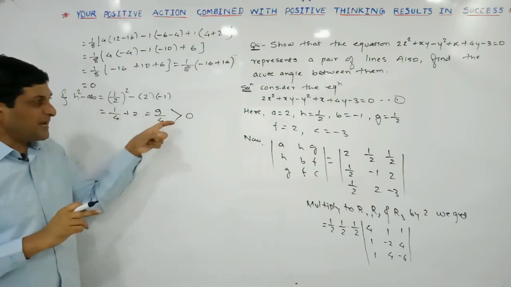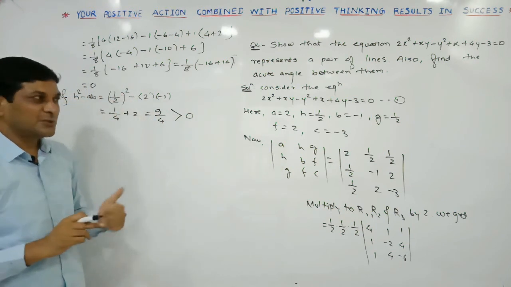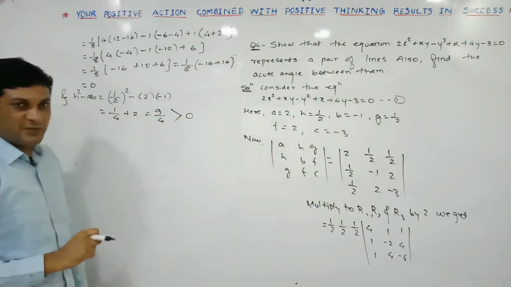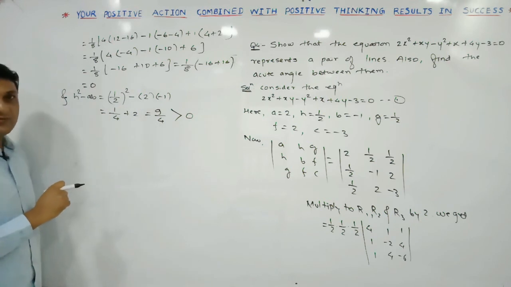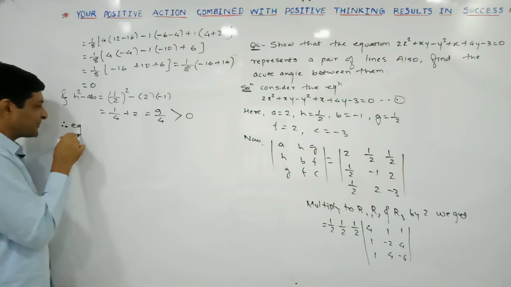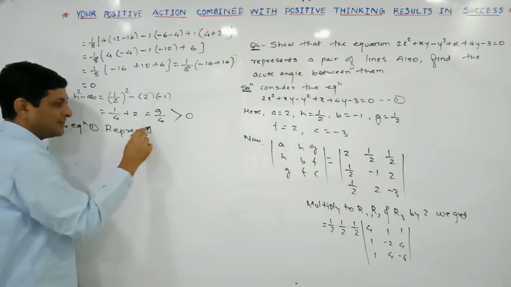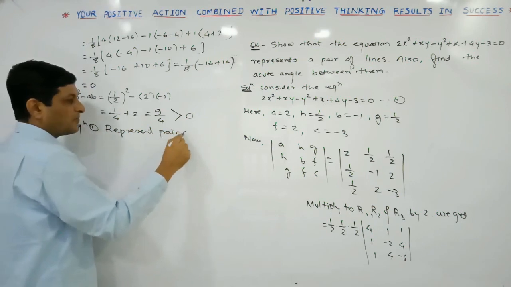And if h square minus ab is greater than 0 and the value of this determinant is equal to 0, so we can say that the given general equation, which we represented by equation first, represents what? A pair of straight lines. That's why we can say that therefore equation first represents a pair of lines.